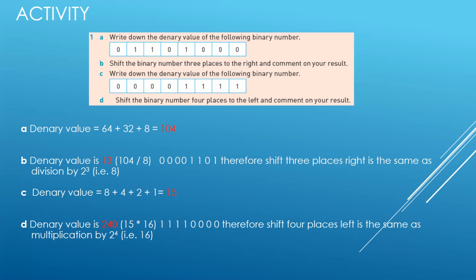It will be 1111, I'm saying it from the MSB side. And then the empty locations will be padded with zeros. So you can see the answer is 240, which is the original number 15 multiplied by 16, that is 2 to the power 4. So any questions? I hope that we all have got the right answer. Yes, that's great. That's wonderful.